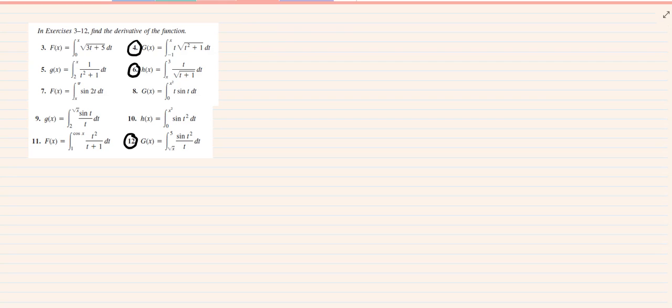In exercise number 4, the question says find the derivative of the function. So notice here this time the function is actually the definite integral, right? That's the function. So according to the fundamental theorem, in number 4, g prime of x, check this out, is going to be just x times square root of x squared plus 1.